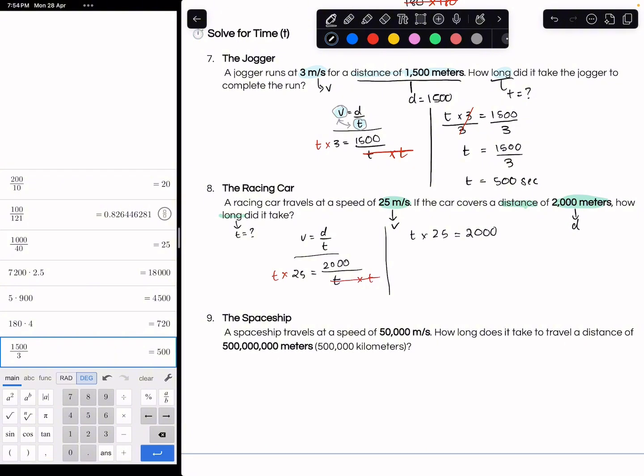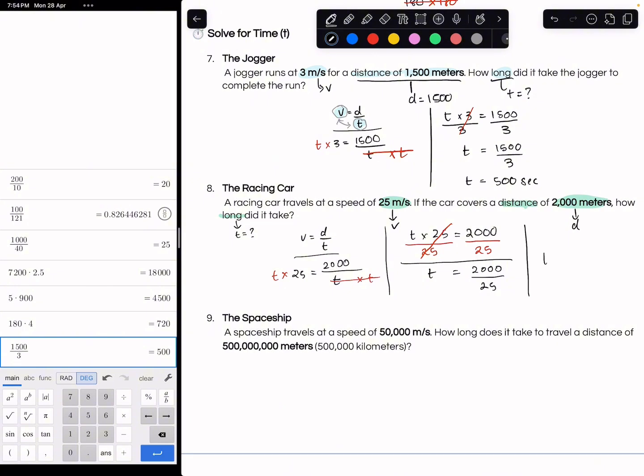Currently, I want T all by itself, but it's attached to times 25. To get rid of times 25, I need to cancel it out. So the opposite of times 25 is divide by 25, and that cancels it out on this side. I have to do the same to the other side, and so now what I'm left with is T equals 2,000 divided by 25.